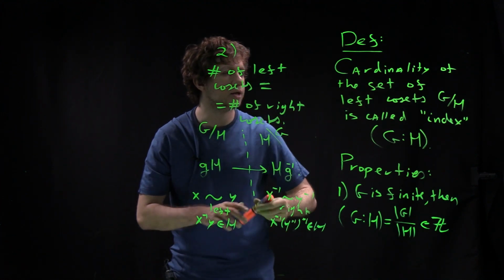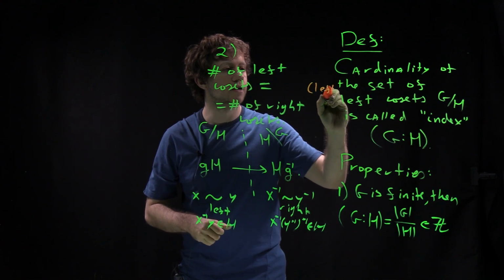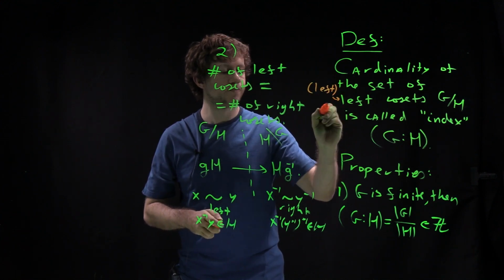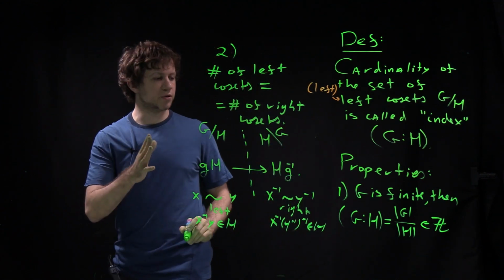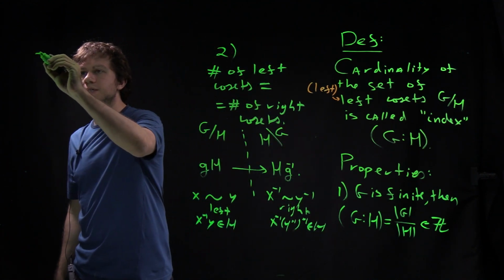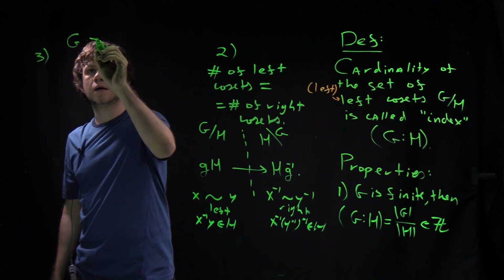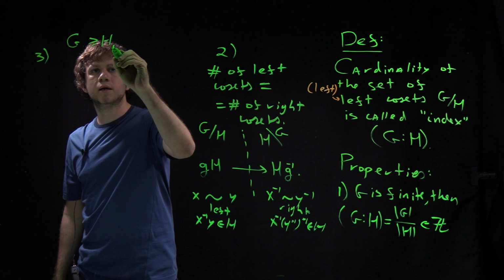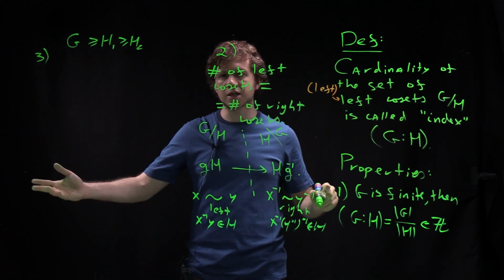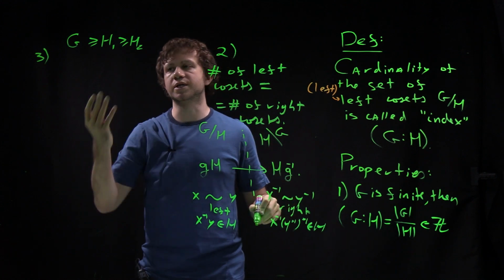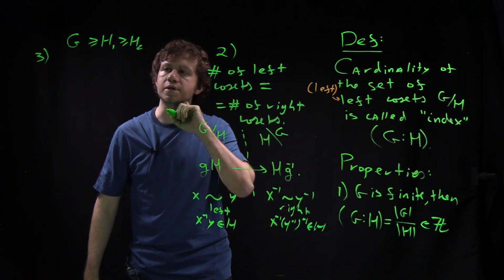I can say left, and I get the same number. Another property which is really important: imagine I have G, a subgroup H1, and a subgroup H2 inside H1. As we discussed before, a subgroup of a subgroup is again a subgroup, because you just check the axioms, it's really easy to see.